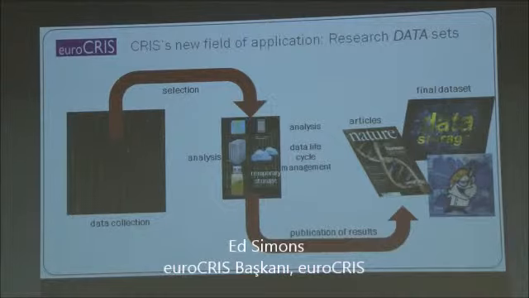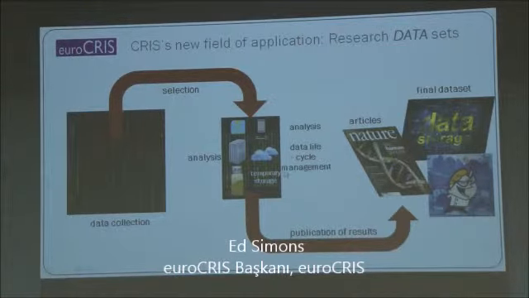So, in this picture here, you see the life cycle of a data set, where it starts with data collection, where the raw data are coming in, for instance, from scanners or telescopes or whatever. Then a selection of the data is made for analysis, repeated or cyclic analysis, temporary storage.